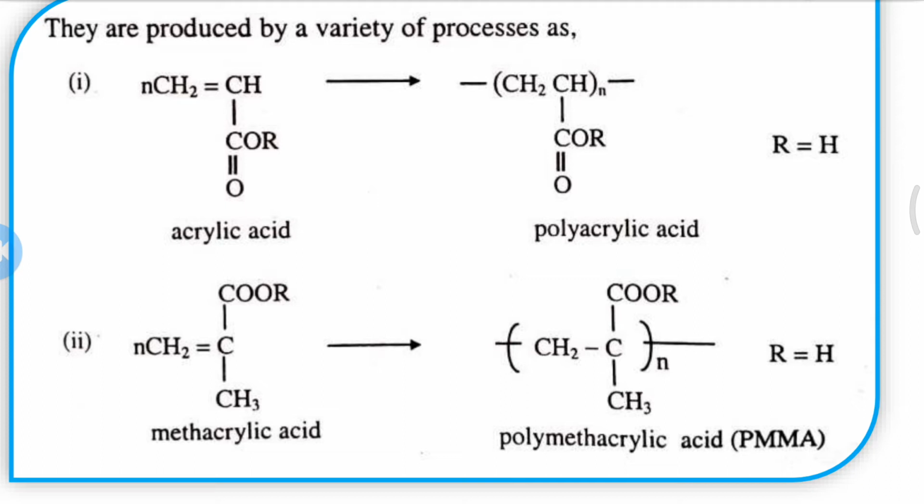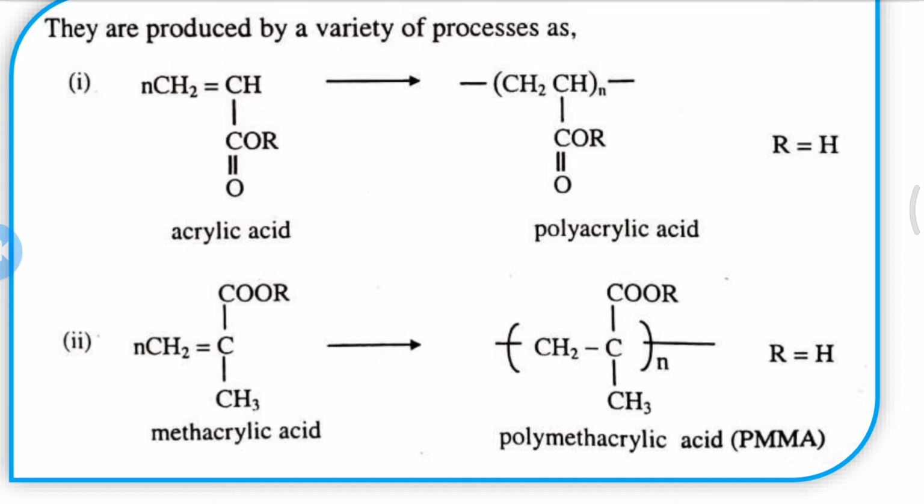Another method is methacrylic, CH2=C(CH3)-COOR. This is a methacrylic ester, and it polymerizes to form polymethacrylic ester or acid polymer.